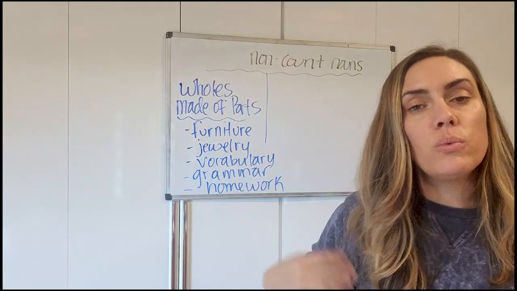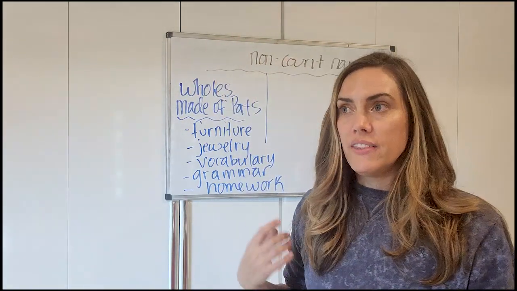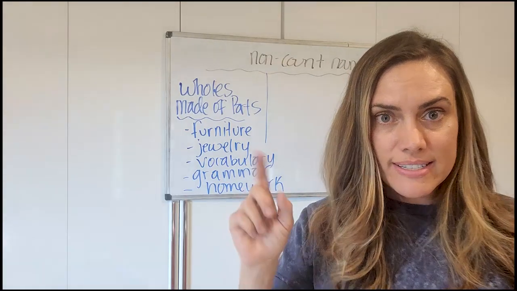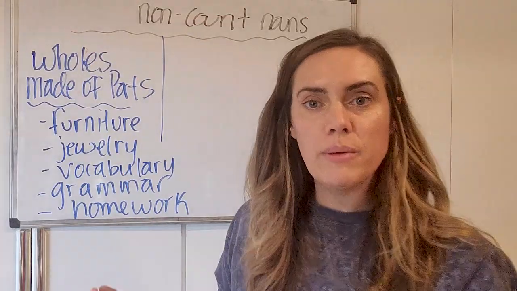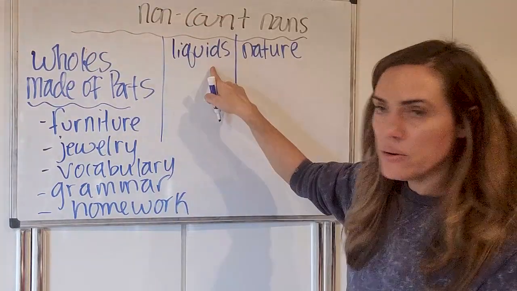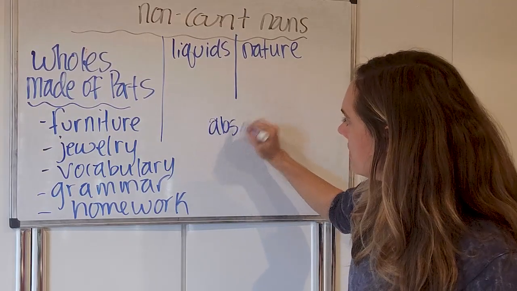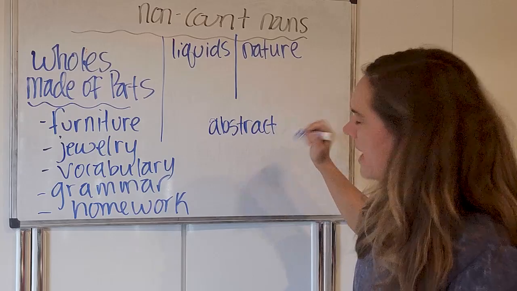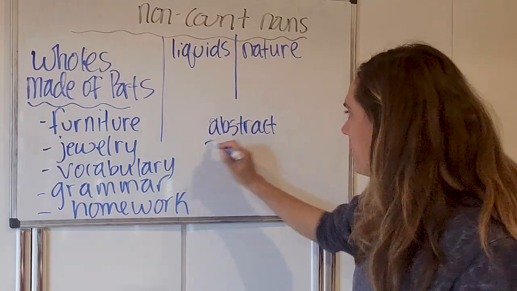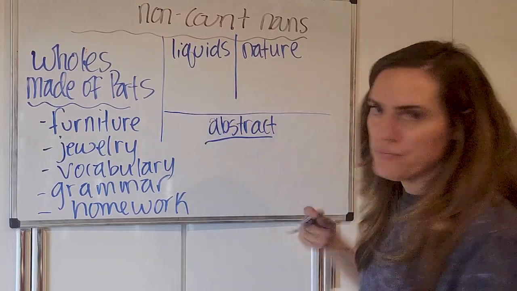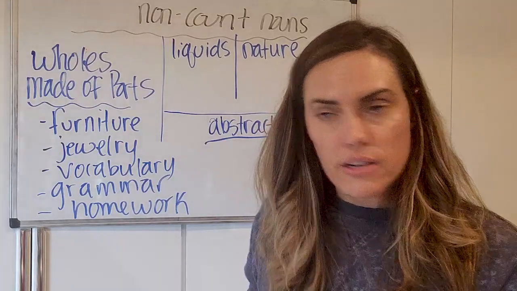The other thing that will help you to remember the different types of non-count nouns is this. If you can remember these categories: liquids, nature, and abstract things, okay? So, for example, liquids, water, right?